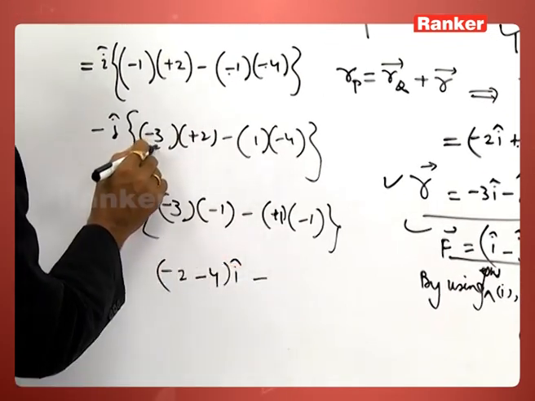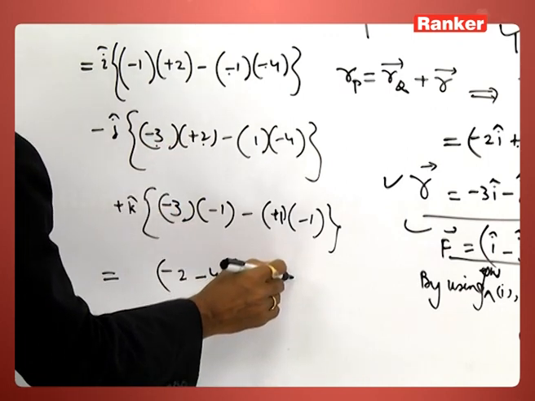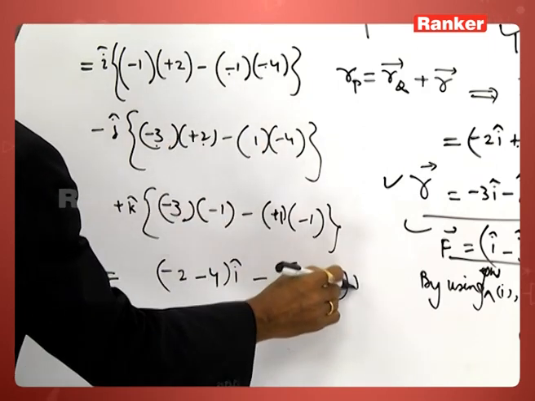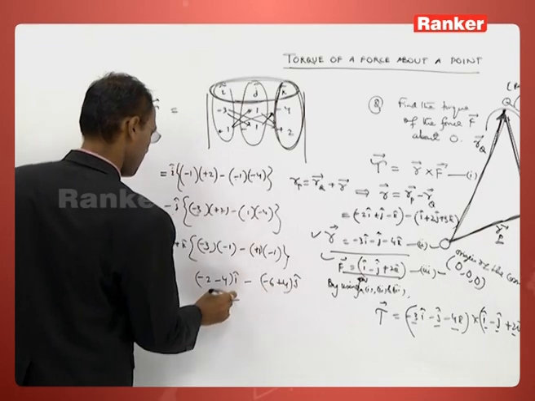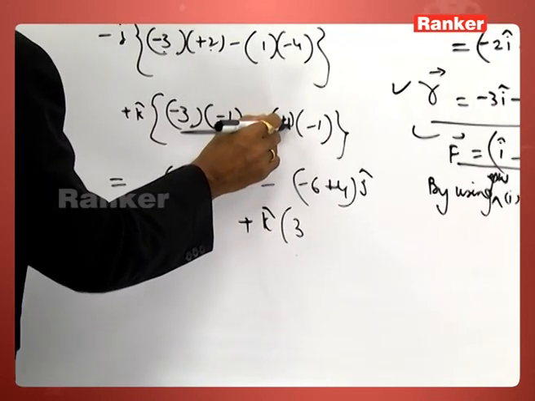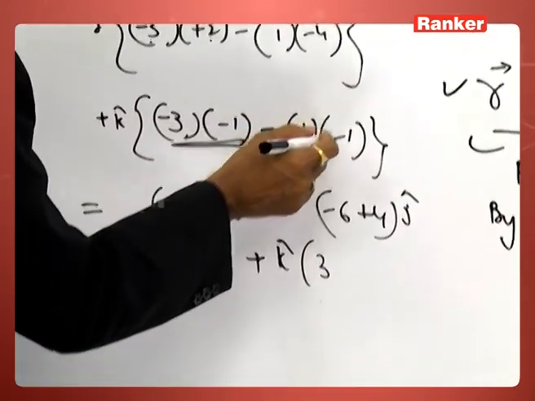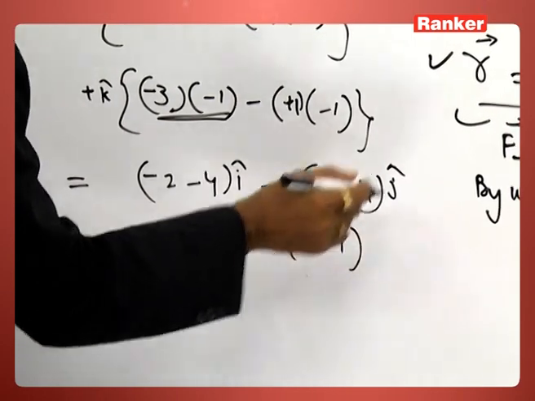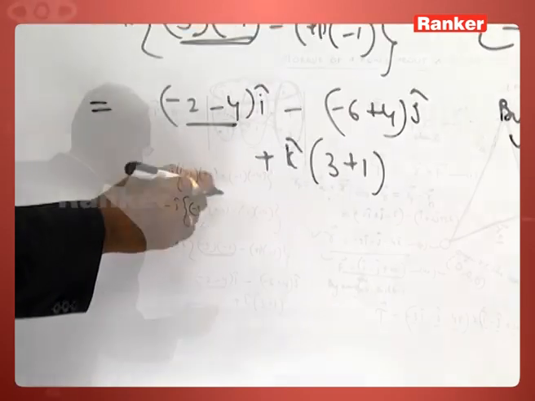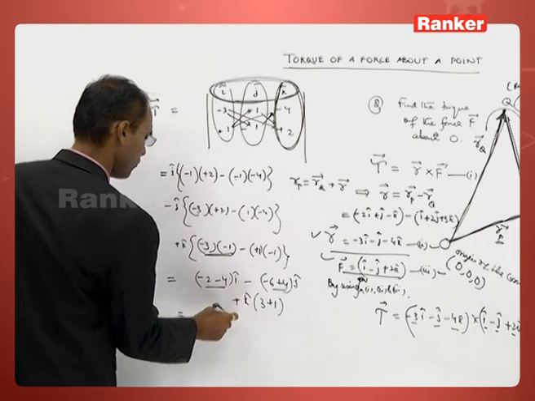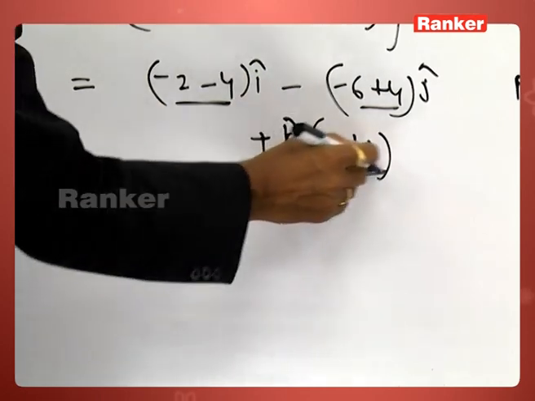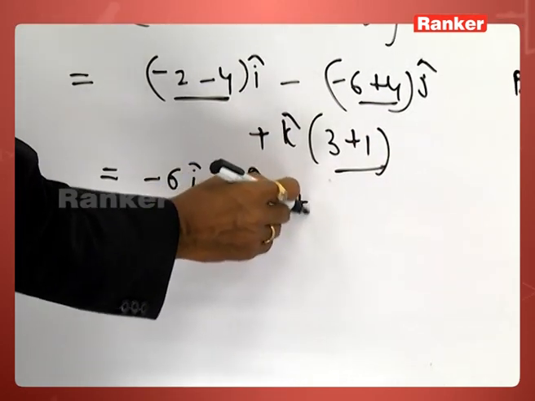Minus, minus 3 into plus 2 is minus 6, minus into minus plus, plus 4 j cap. Plus k cap, minus into minus plus 3, minus 1 into plus 1. So you are getting minus 6 i cap, minus 2 into minus 1 plus 2 j cap, 3 plus 1, 4 k cap.